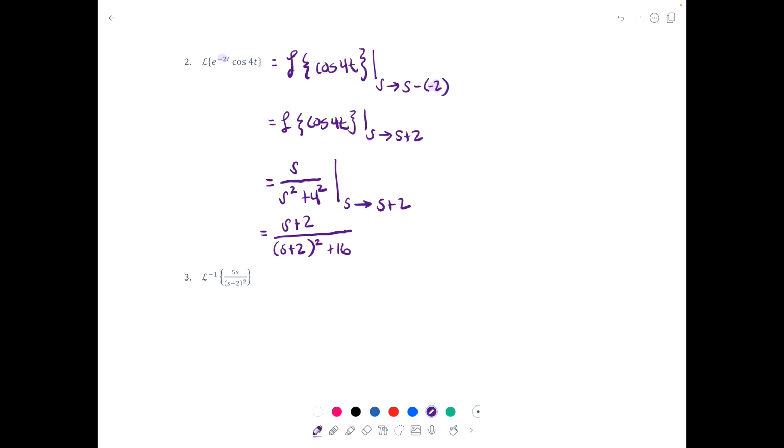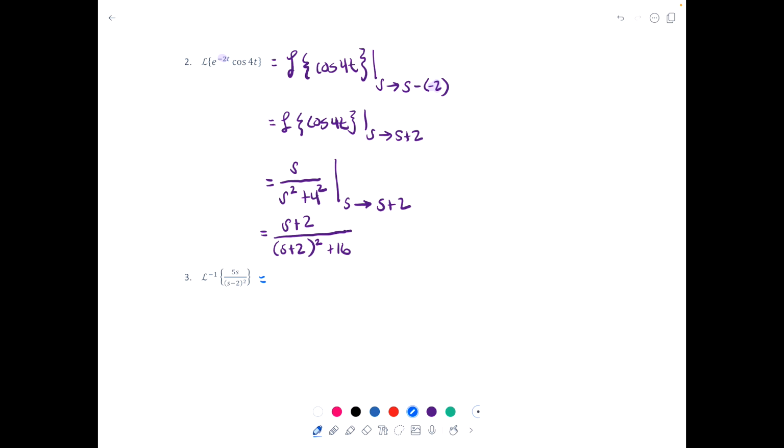All right, now we have some inverse work going on. So we want to find the inverse transform. I'm going to switch colors here. Working our inverse of 5s over s minus 2, the quantity squared. So here, let's just kind of play with this a bit.